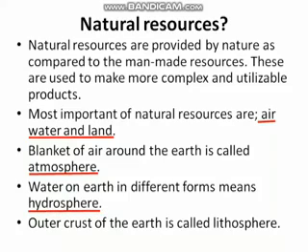And after that, the outer crust of the earth on which we live, we build buildings, plant trees. This very particular layer is called the lithosphere. Now let's talk about these three, that's atmosphere, hydrosphere, and lithosphere in detail, starting with atmosphere.